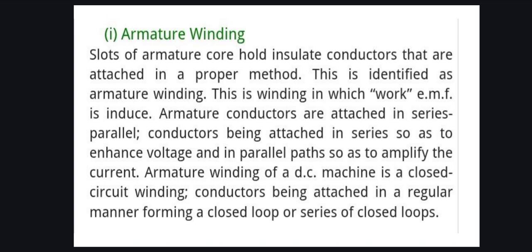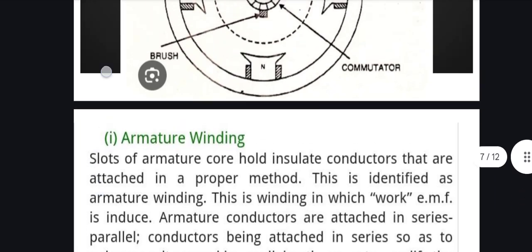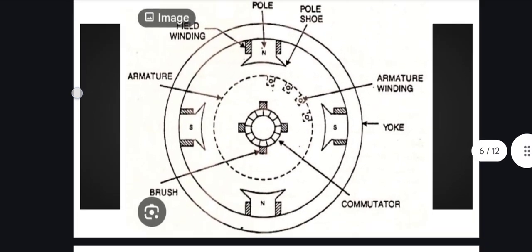Conductors are connected in series so as to enhance voltage and in parallel paths so as to amplify the current. The armature winding of a DC machine is a closed circuit winding, with conductors connected in a regular manner forming a closed loop or series of closed loops. You can see what armature winding is.